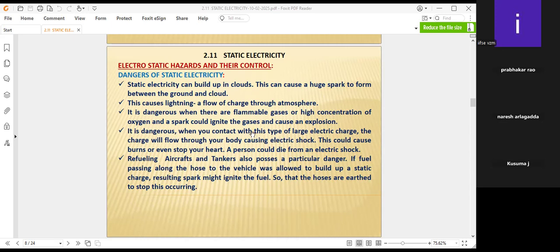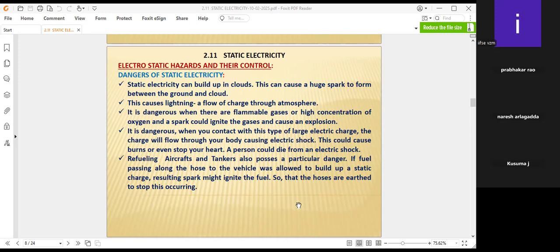Static electricity is also dangerous when you come into contact with a large electric charge: the charge will flow through your body, causing electric shock. Why is it dangerous? Because you are standing on the ground where the earth potential is zero, the electric charge will first pass through your body.